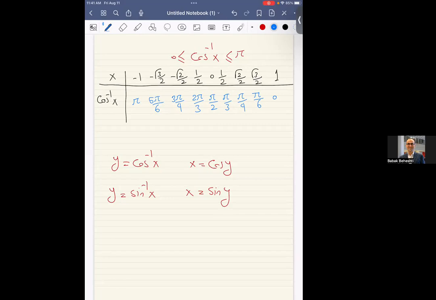Try to understand these two tables. Look, I first look at this cosine. You know that cosine of pi is -1, right? Cosine of 5 pi/6 is -√3/2. Cosine of 3 pi/4 is -√2/2, and so on. Cosine of 2 pi/3 is, sorry, -1/2.